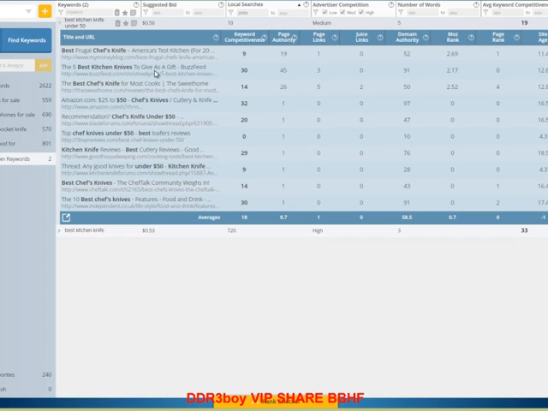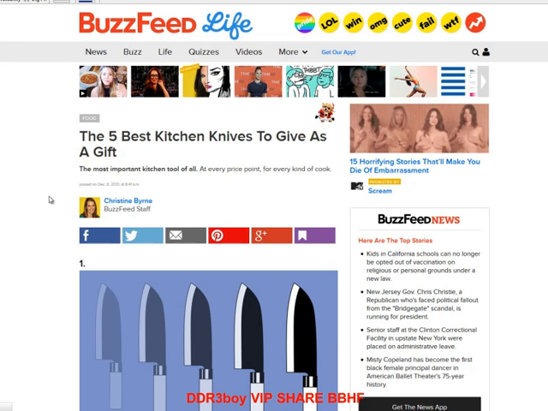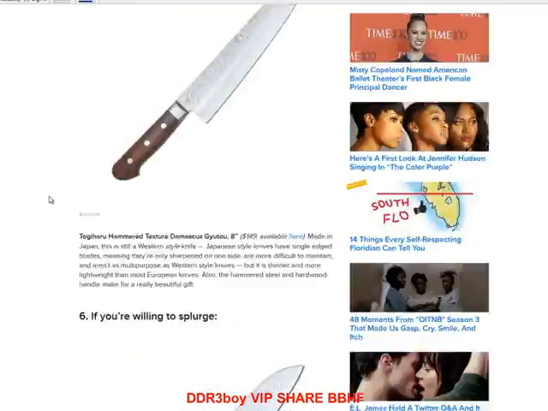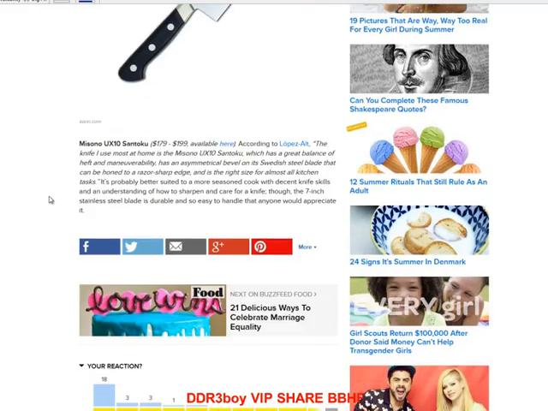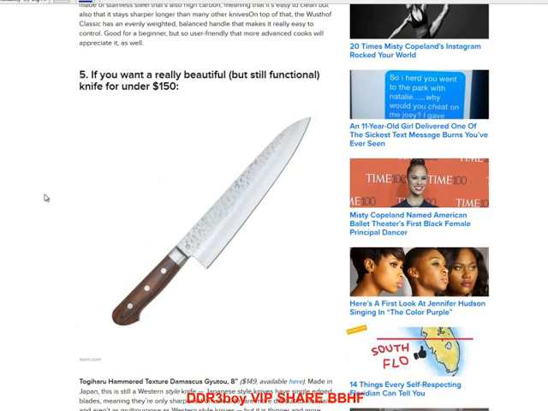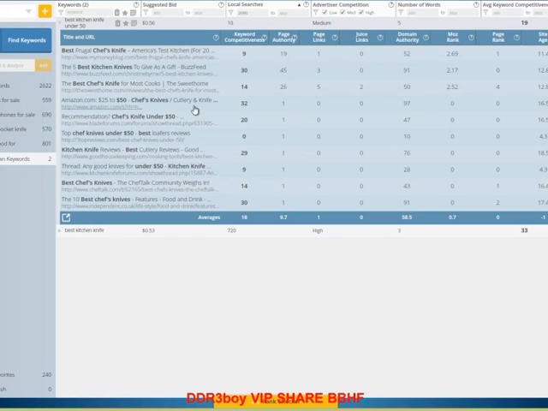We've got a BuzzFeed article. I'm sure you're familiar with BuzzFeed. And so these are typically curated pieces of content, which looks like that is the case. So just short blurbs and then links to the knives themselves. So not particularly strong.